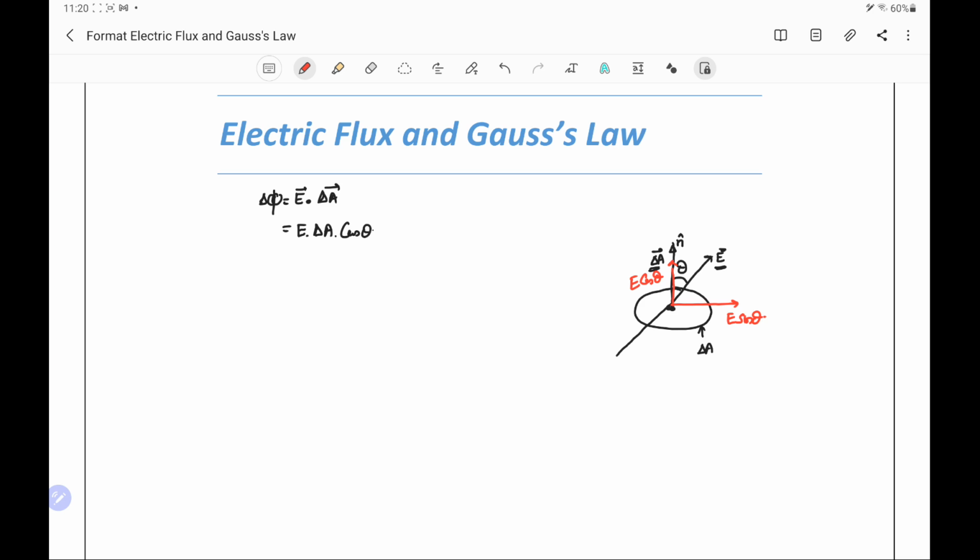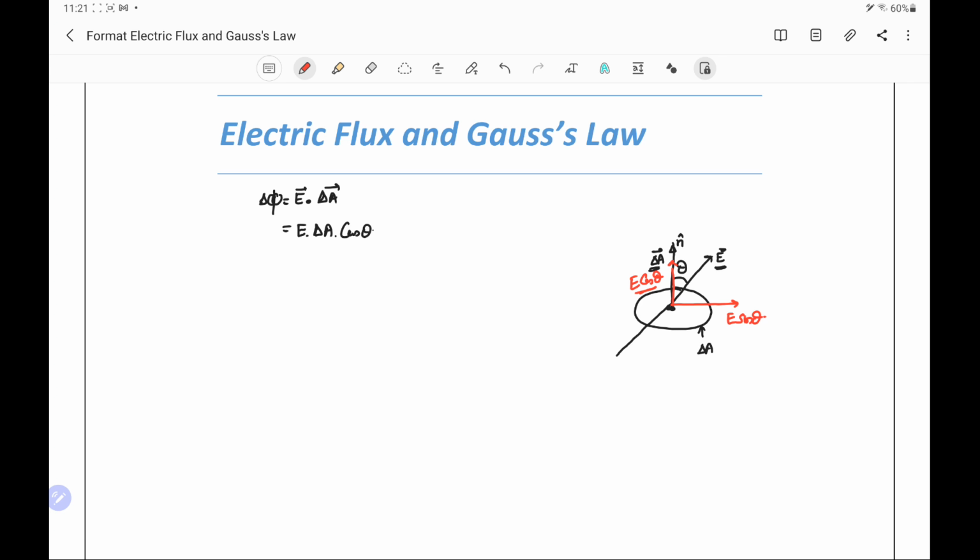If we check, this E cos theta is perpendicular to the plane of paper, or we can say it is in the direction of area, hence it is able to cross the surface, while the E sin theta is parallel to the plane of paper or plane of the area, therefore it cannot cross the area.